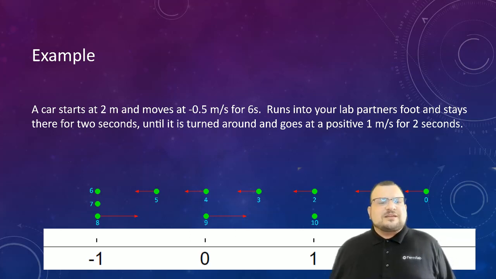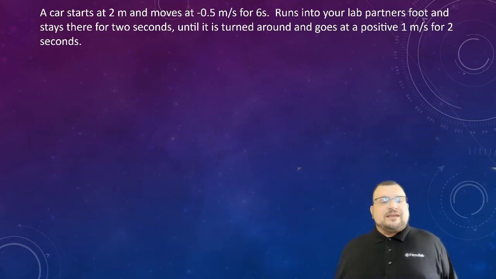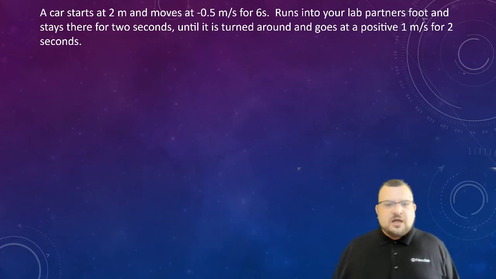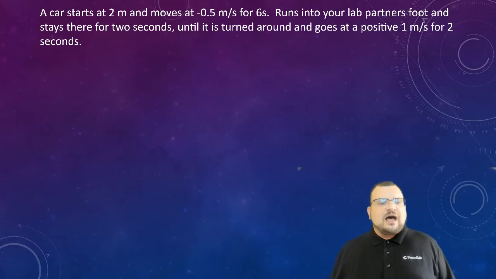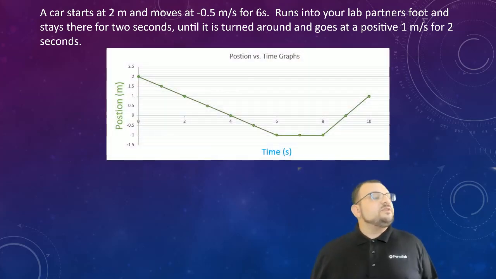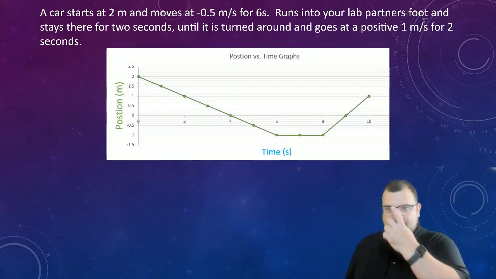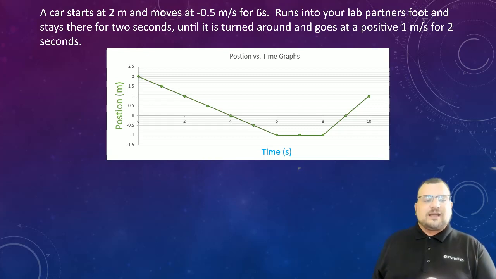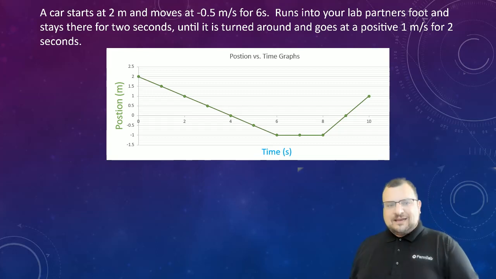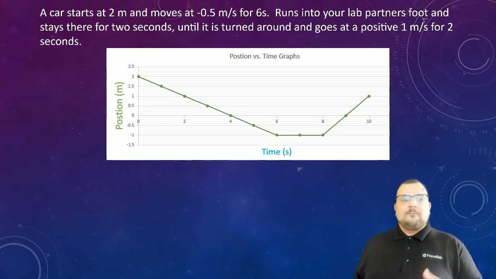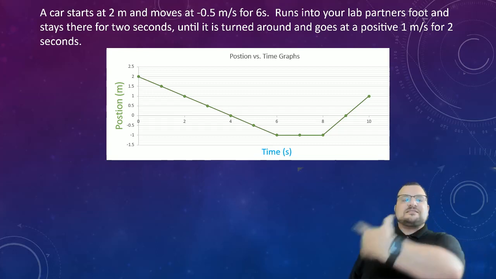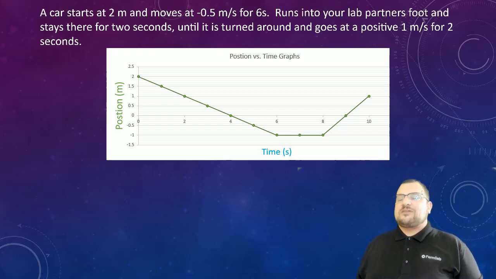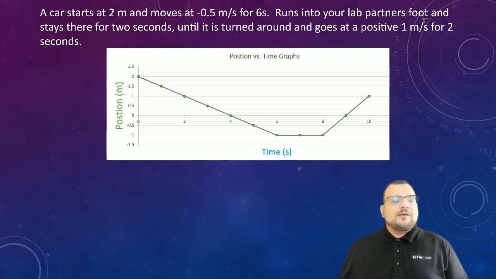So now let's look at this graphically. So same idea, same cart, same motion, but now we're going to graph it. And our position graph is going to look a lot like this. So here you can see that we're starting at 2 meters. For the first 6-second period of time, we're going in the negative direction at 0.5 meters per second. So every second, our position is decreasing by 0.5 meters. So we got 2, we got 1.5, we got 1 meter, we got 0.5 meters.